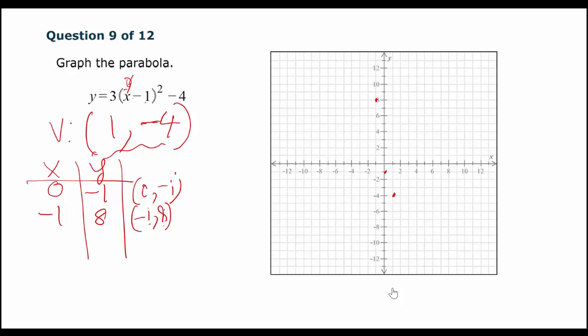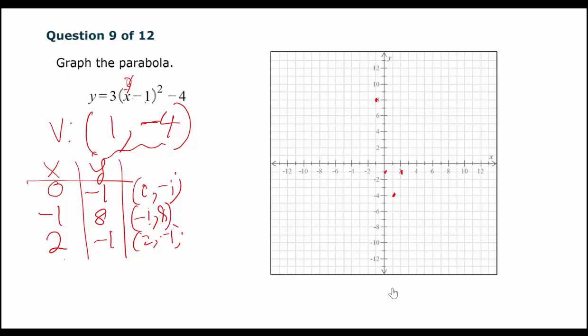Then 2 points we will take on the right side of the vertex. So we can take 2. And if you plug in, 2 minus 1 is 1. 1 square times 3 plus -4 will give you -1. So this is another point, 2, -1.